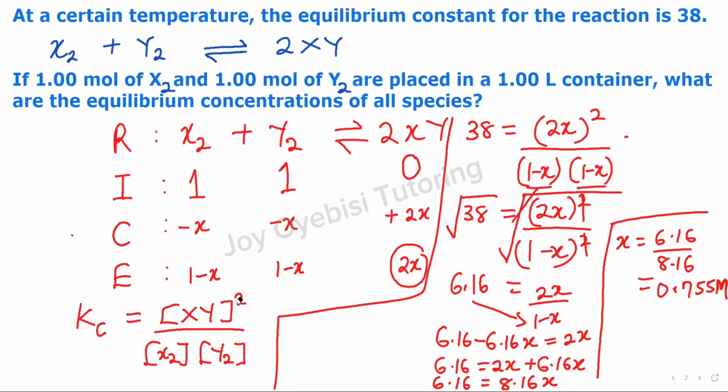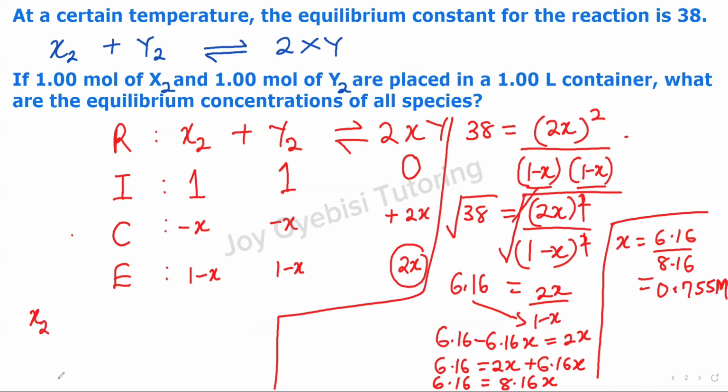So we're going to go back to this. For X2, you're simply going to substitute the value of x into this. So the concentration of X2 at equilibrium will be 1 minus the value of x we just calculated, 0.755, and that will give 0.245 molar.